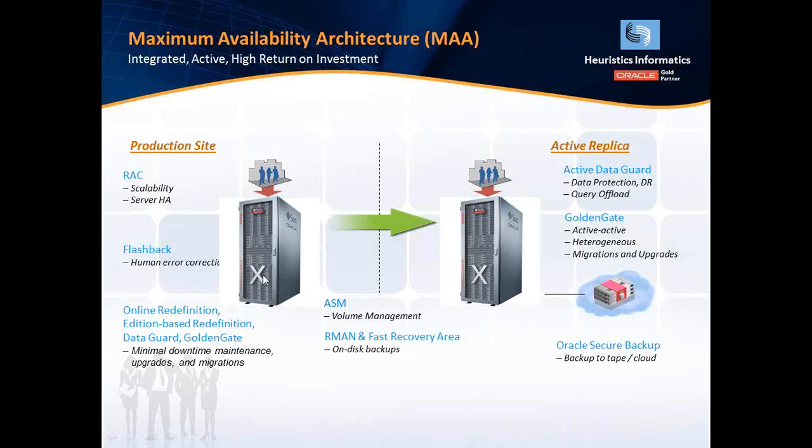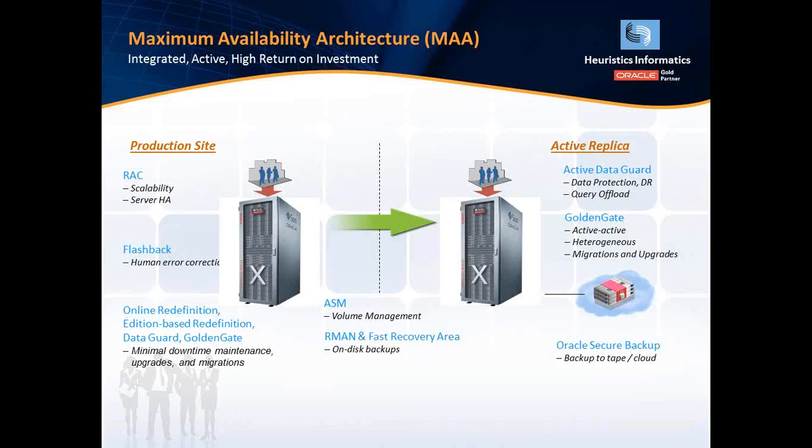Right. Then you've got ASM, which handles all your storage, which will allow you to have high availability on the storage side by configuring redundant disk groups, or failure groups as they're called. RMAN and fast recovery areas will allow you to have backups that can be put on disk and quickly recovered from if need be.